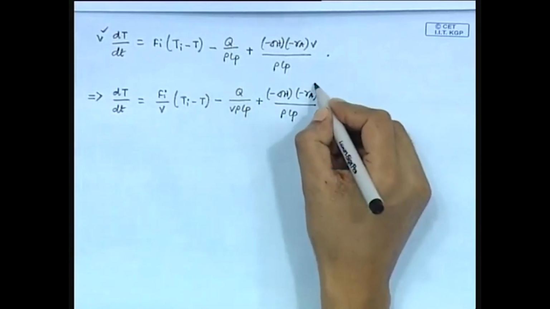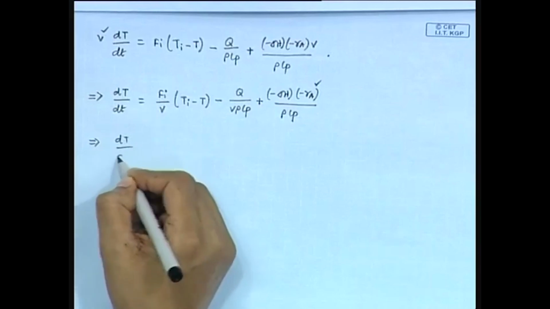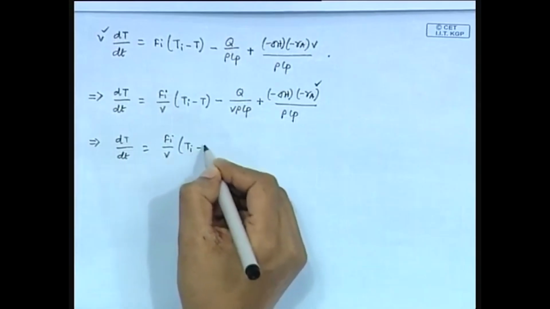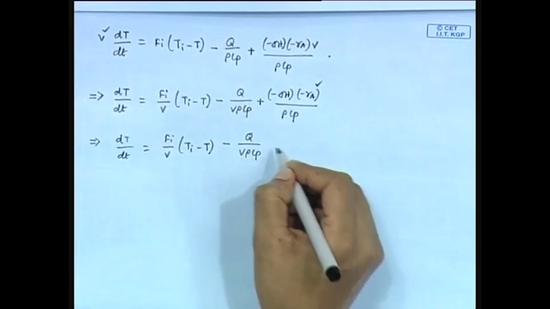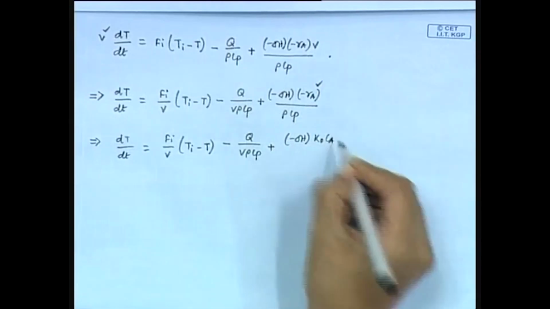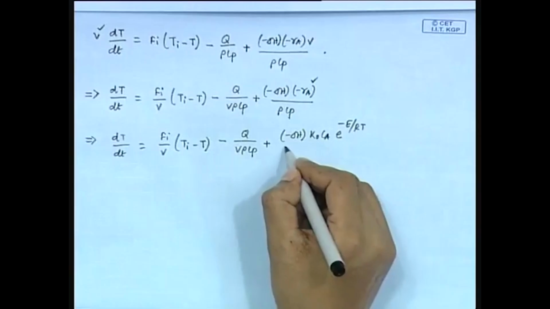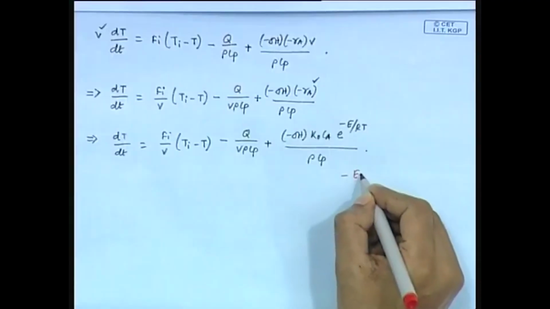Now, again we will substitute here the Arrhenius law. Then dT/dt equals Fi divided by V (Ti minus T) minus Q divided by V rho Cp plus (minus del H) times k naught CA exponential of minus E divided by RT, whole divided by rho Cp. So, this is the energy balance equation.